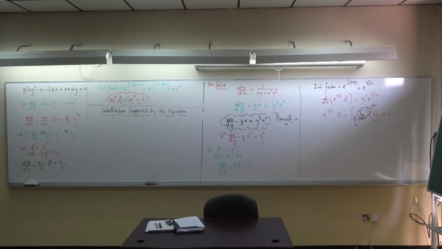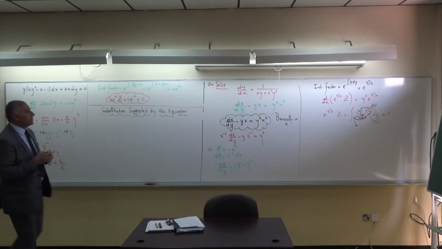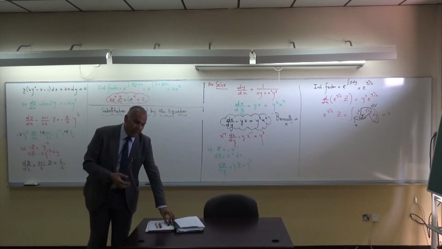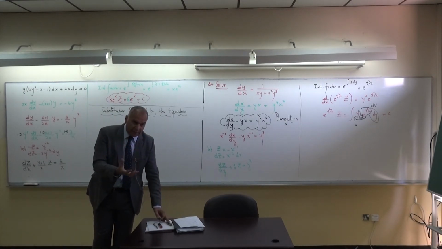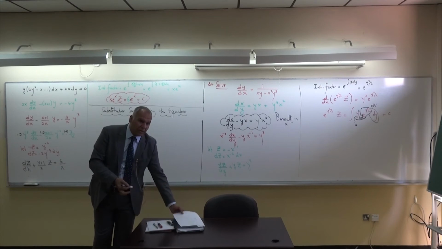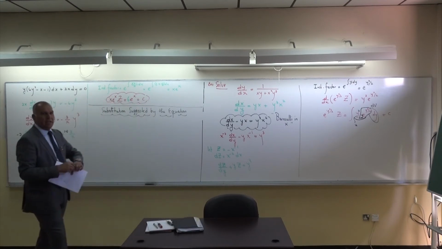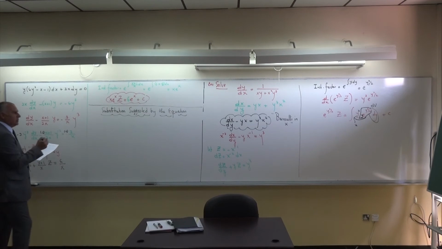But if it's not, we have to do this. So again, the substitution is suggested by the equation, and you have to really have a good eye. Look for a function which may result in reducing your equation to one of those techniques.